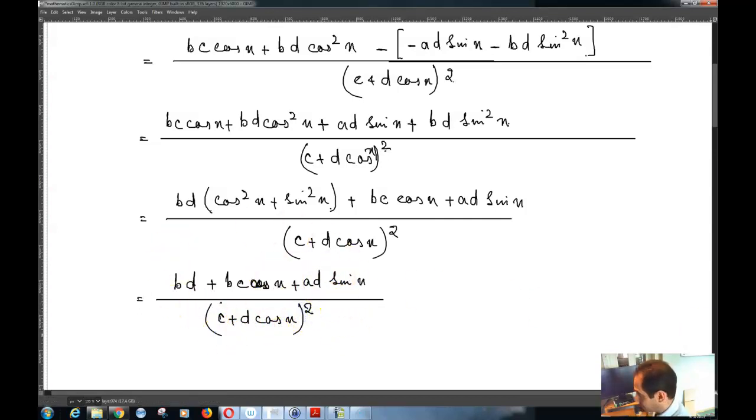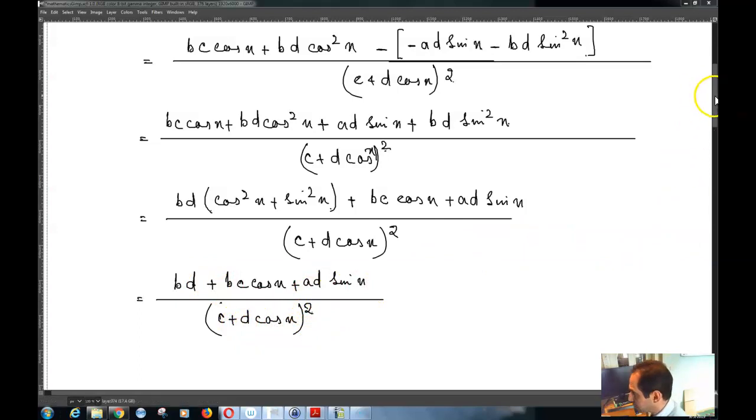That is the derivative of your function. So the answer is bd plus bc cos x plus ad sin x over c plus d times cos x whole squared.